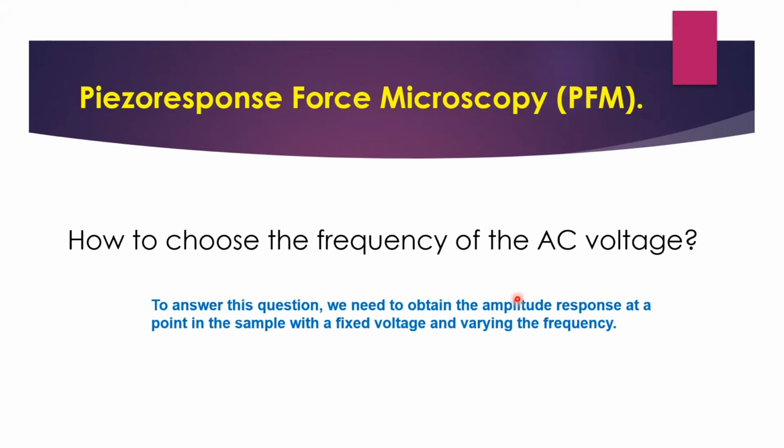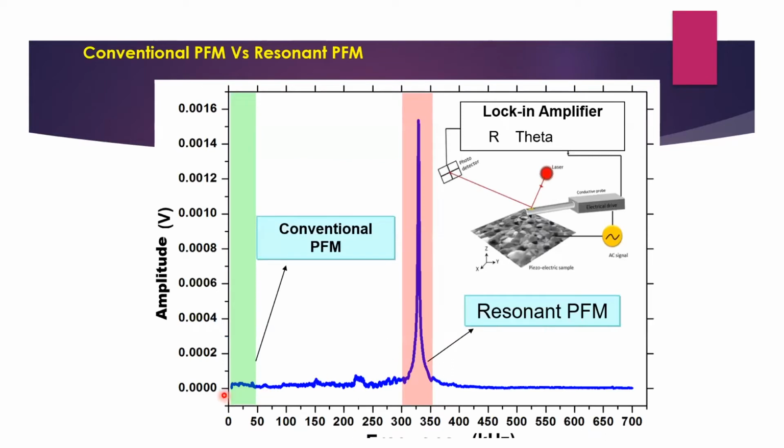But how do we choose the frequency of the AC voltage that we use? To answer this question, we need to obtain the amplitude response at a point in the sample with a fixed voltage while varying the frequency. And we obtain a graph like this. In this graph, we see two different regions.